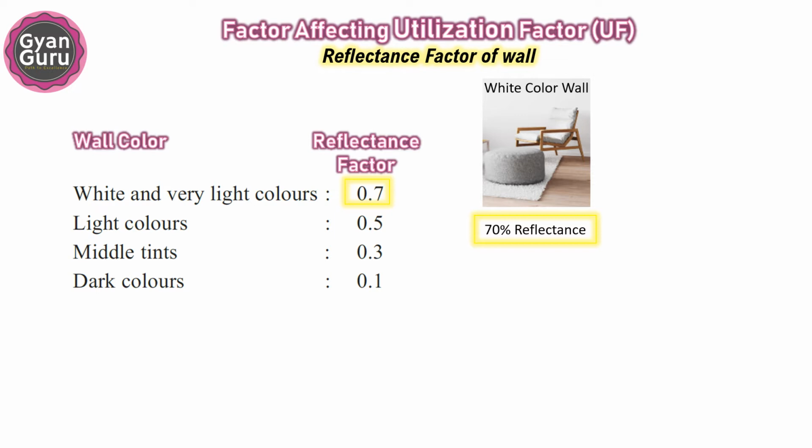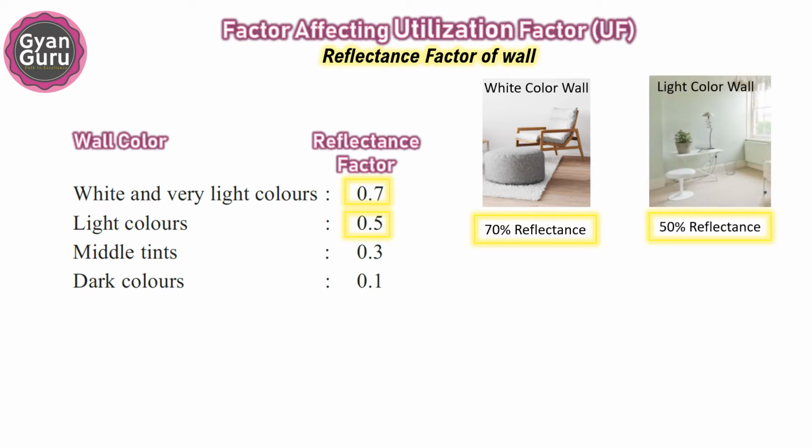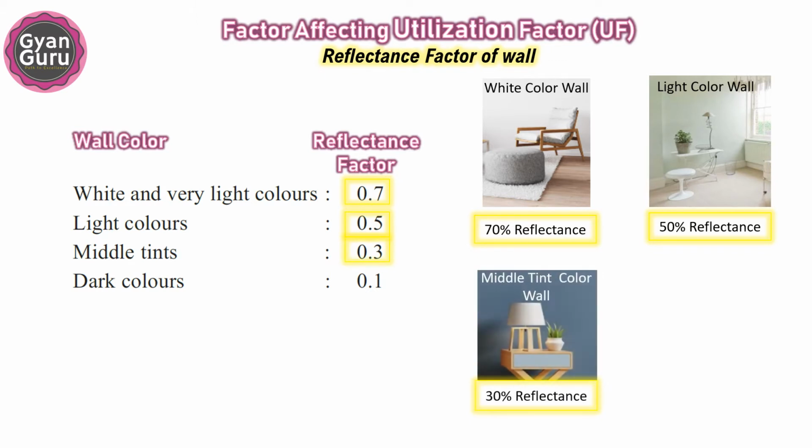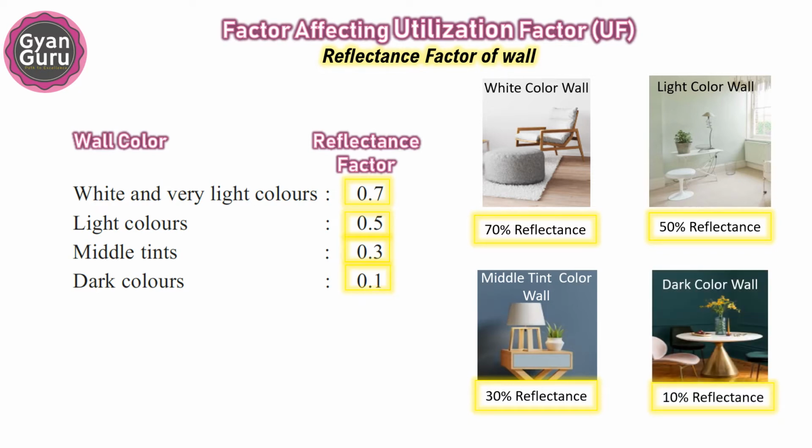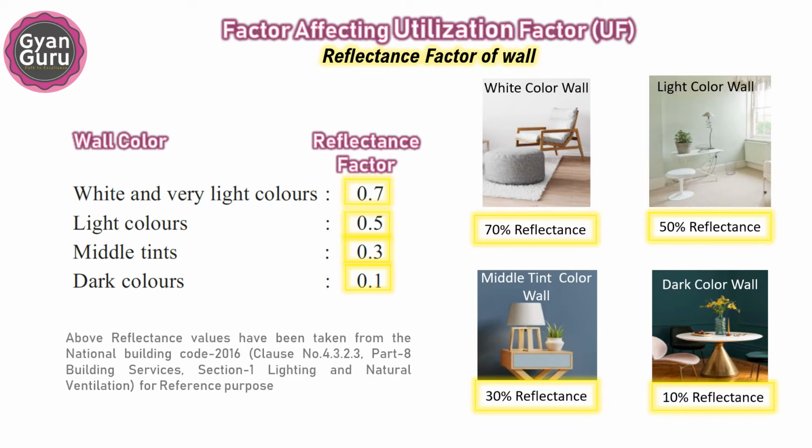Light color walls usually have a 50% reflectance factor, 50% means 0.5. 30% reflectance factor is for middle tint wall colors, 30% means 0.3. And 10% reflectance factor is for dark colors, 10% means 0.1. The above reflectance values have been taken for reference purposes from the National Building Code 2016.